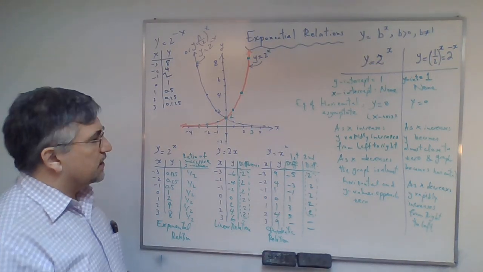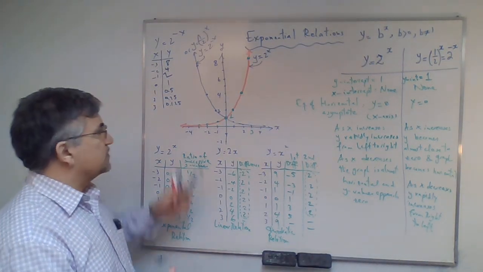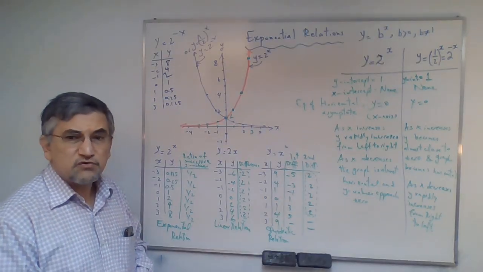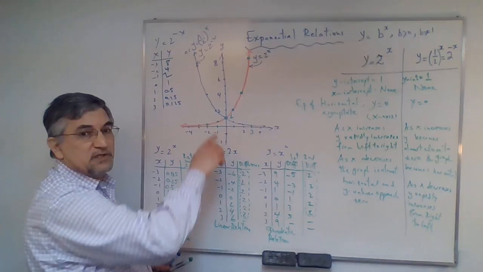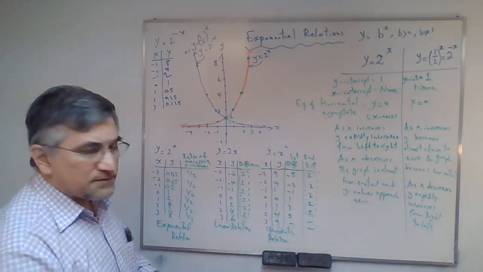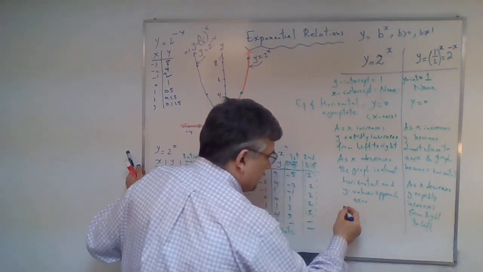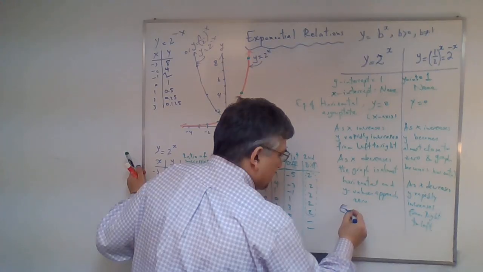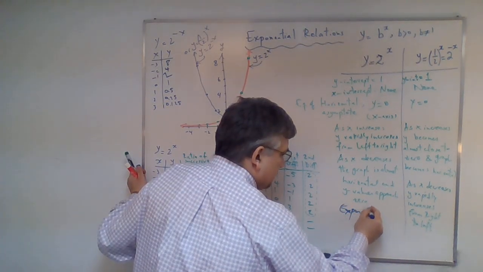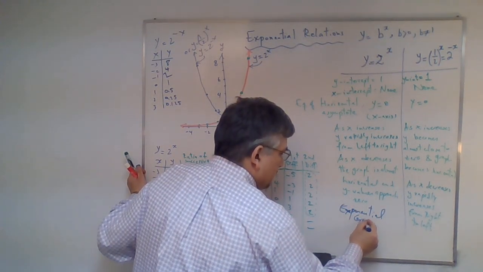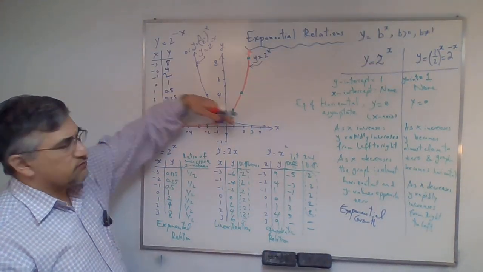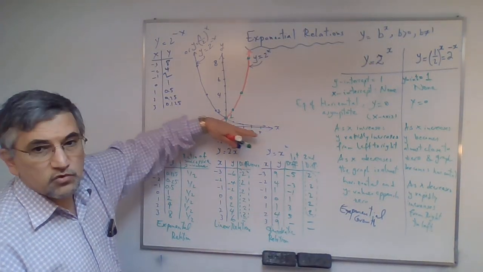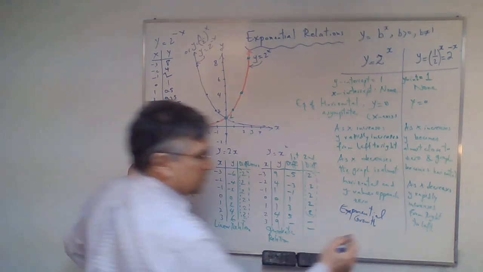And we just have a special name for these kinds of exponential relations. When a quantity is increasing rapidly from left to right, we call this exponential growth. And whenever the graph is decreasing from left to right, becoming almost 0, we call this exponential decay.